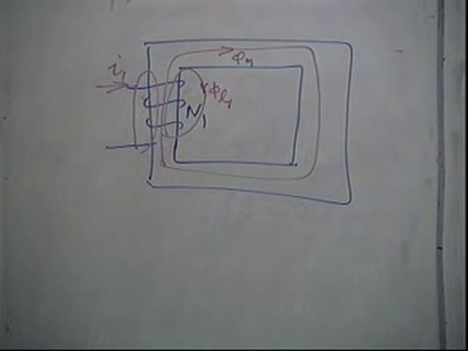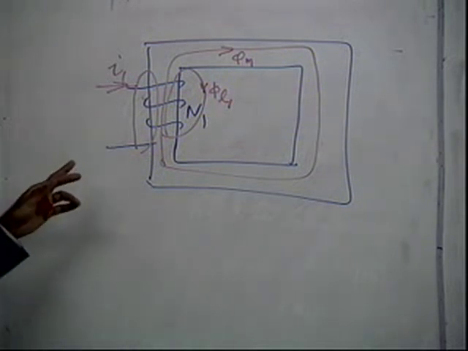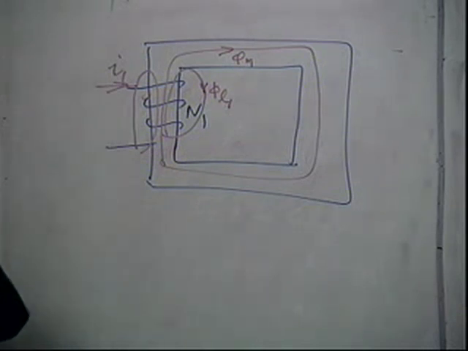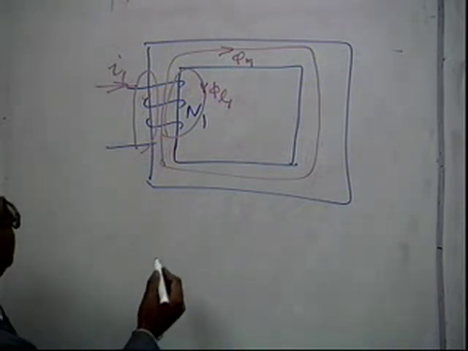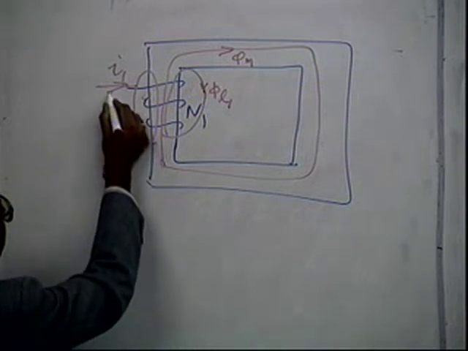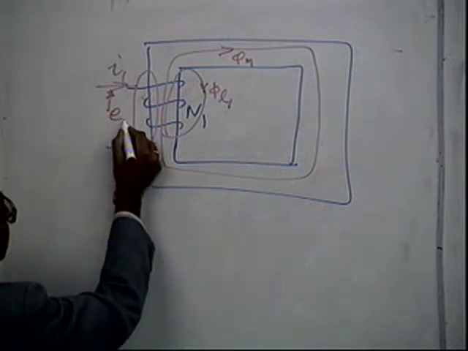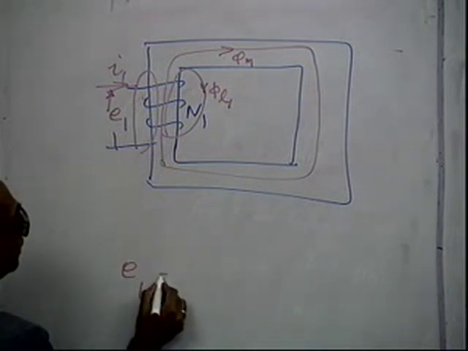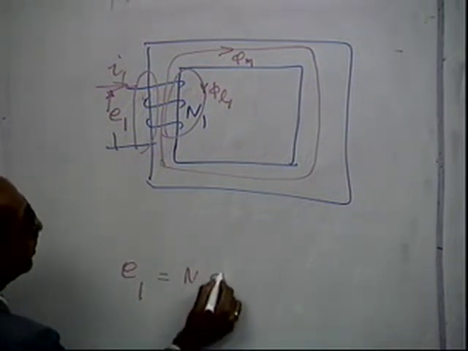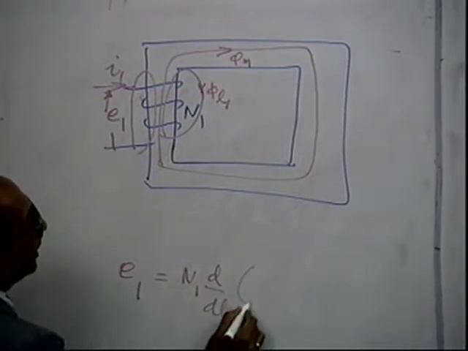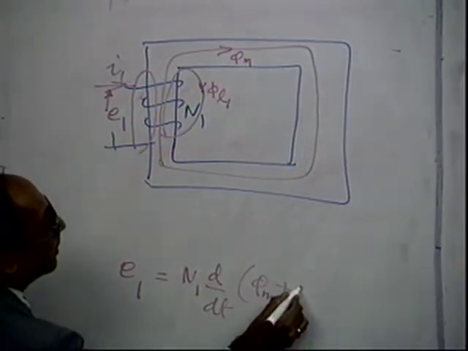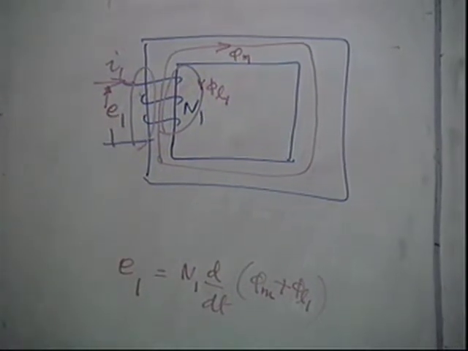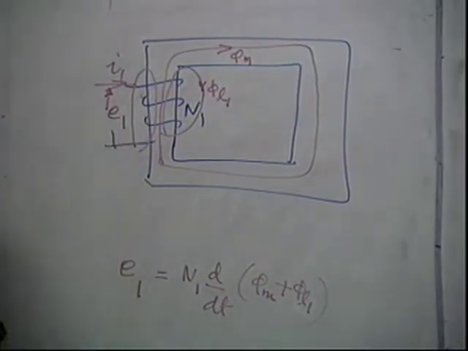Whatever current there is, there is a phi m and there is a phi L1, and you can say that E1 that is induced will be N1 into d by dt of phi m plus phi L1, because the total flux is what is producing E1.